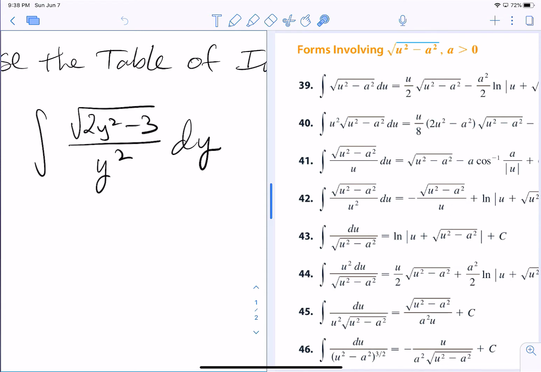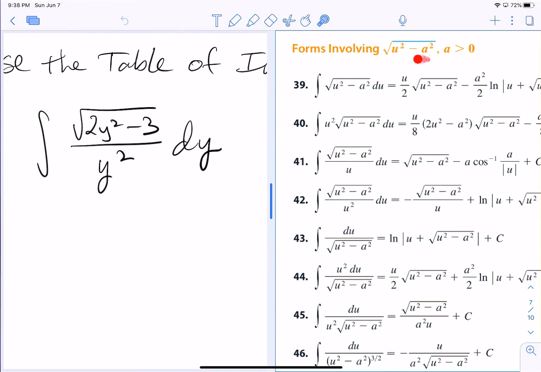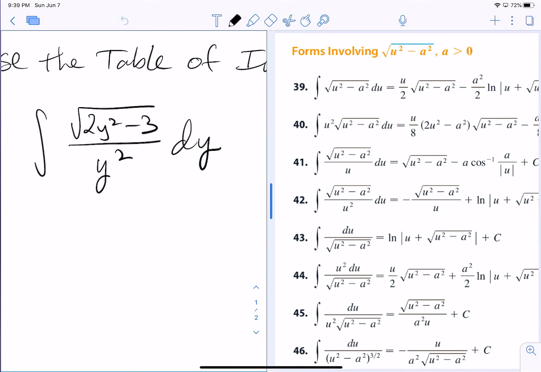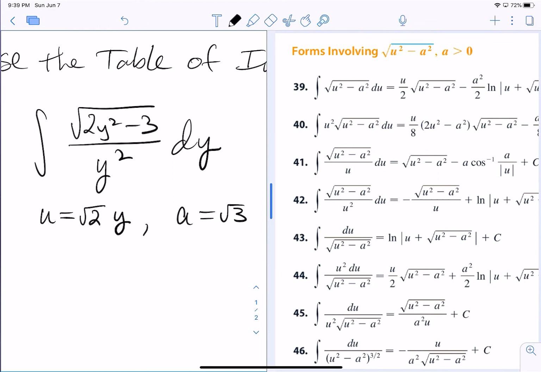If we are indeed looking at a square root of u squared minus a squared, then it must be the case that u is equal to the square root of 2 times y, and a is equal to the square root of 3. Notice that each of our forms also has a du. That shouldn't be surprising. Therefore, having identified u as the square root of 2 times y, we know that du is equal to the square root of 2 times dy.